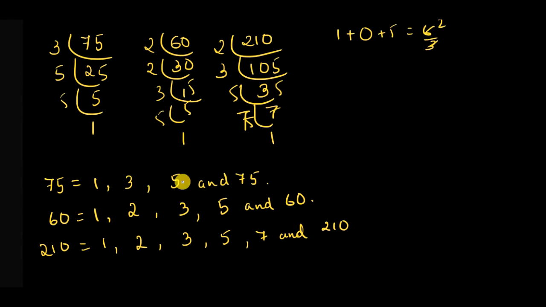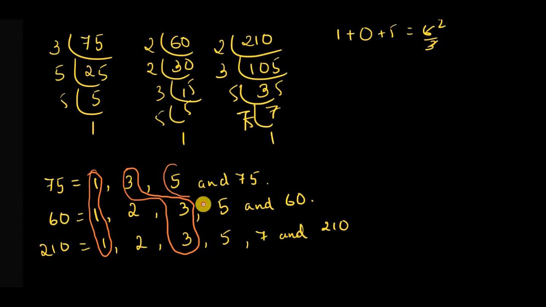So we have found the factors. We just need to see what is common. We know that 1 is common among all of these, and 3 is also common, and is 5 common? Yes, 5 is common.